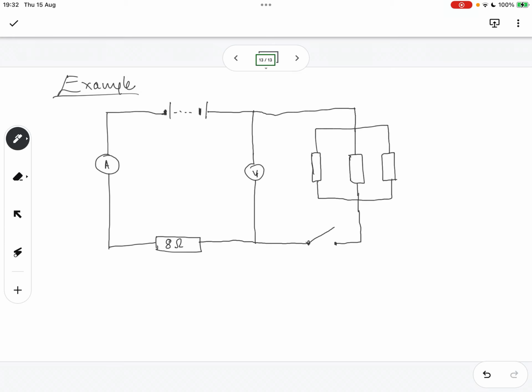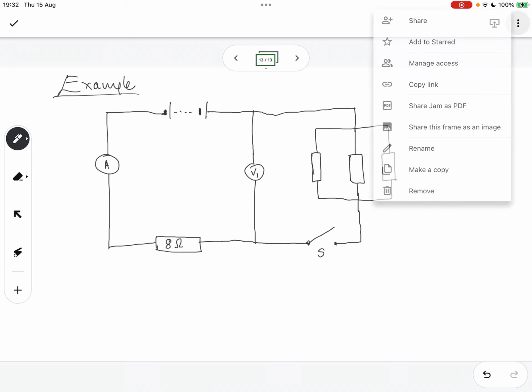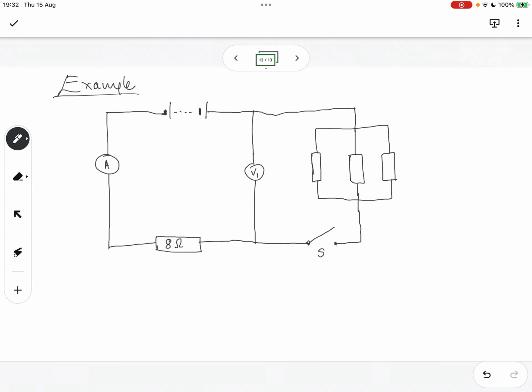Not closed, complete. So the first voltmeter measures the voltage across this circuit, and okay, we'll put S there for switch, not the energy drink, a switch in our circuit. This resistor is 3 ohms, this one is 9 ohms, this one is 18 ohms.